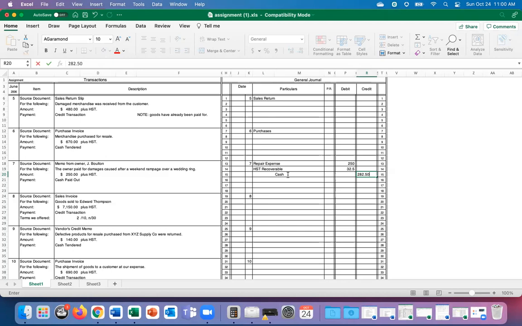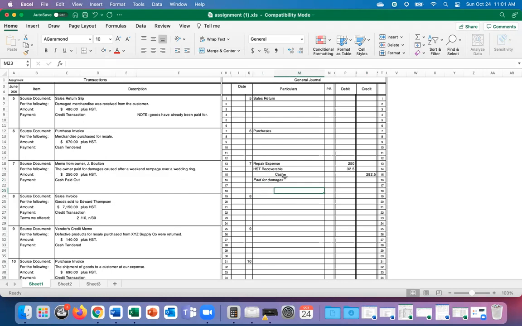Anytime you decrease an asset account, it is a credit. Right. And then the only other thing we have to do is write in our description of what this transaction is. And I just put paid for damages. As I said, not really clear from the description, so it's not a great one, which is why I'm doing this one with you. So if you have something like that for number 3, you're going to be good to go.